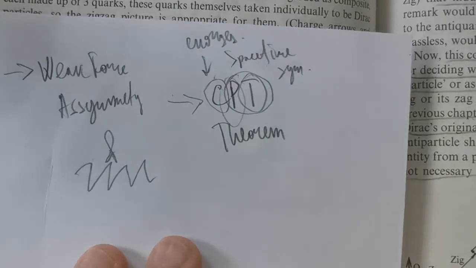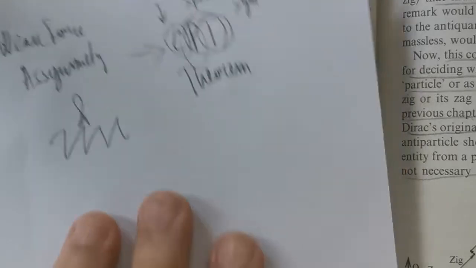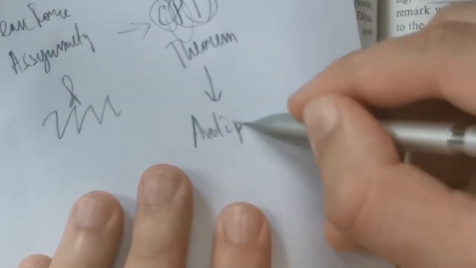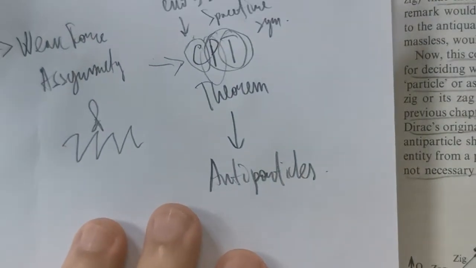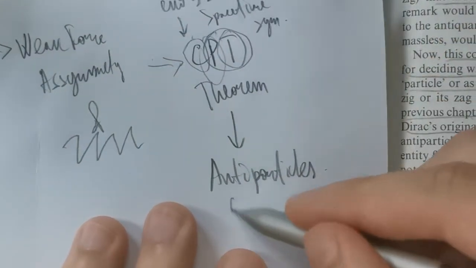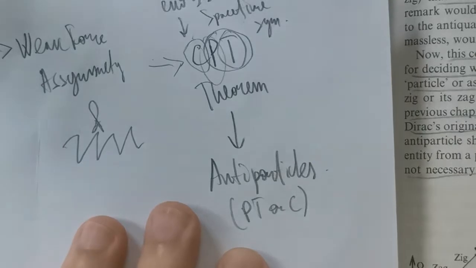So now we can come up with the criteria for the antiparticles. Particles and antiparticles are actually related by PT symmetry, or just C if you believe in the CPT theorem.